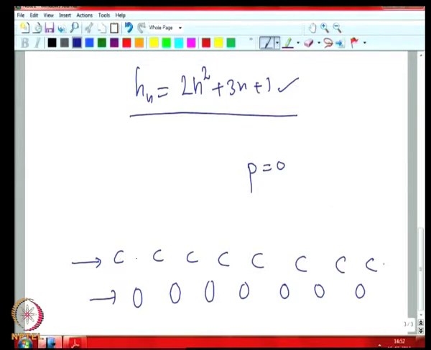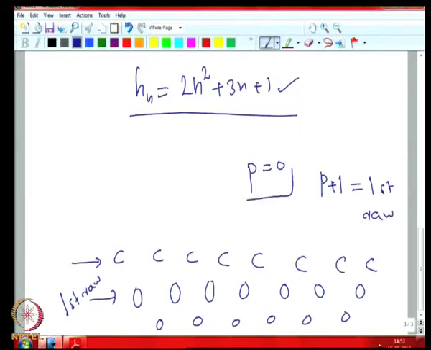This first line is the 0th line, the second line will be called the first row. So, with p plus 1 equal to 1, the first row is 0, and from then onwards we only get zeros, because the second order difference sequence is also going to be zeros, since it is all zeros starting from here. So, therefore, when p equals 0, the statement is true.